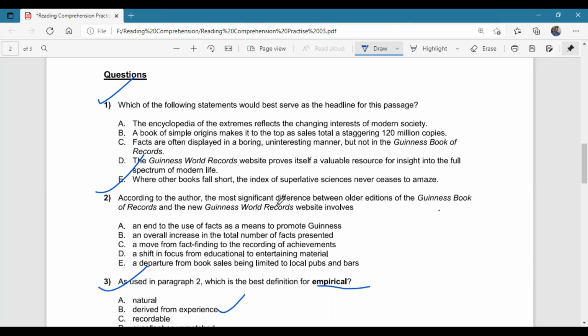Let us go with the second question first. The most significant difference between older editions of the Guinness Book and new editions. What is the major difference?